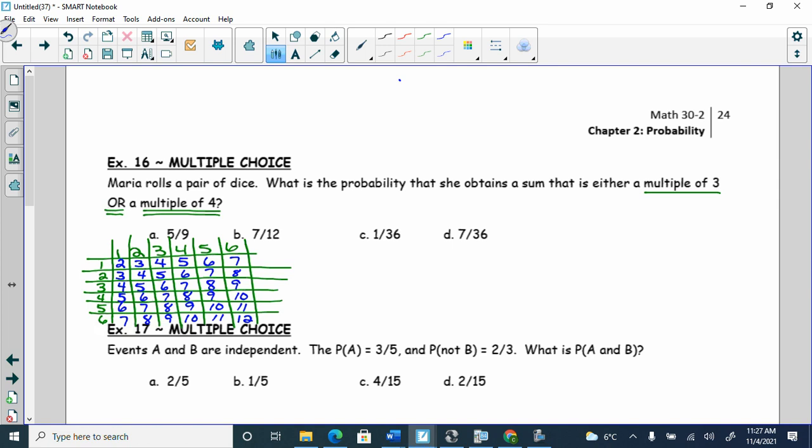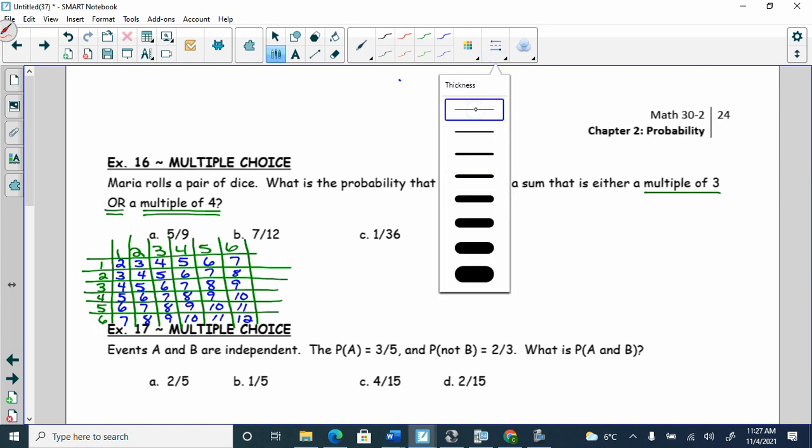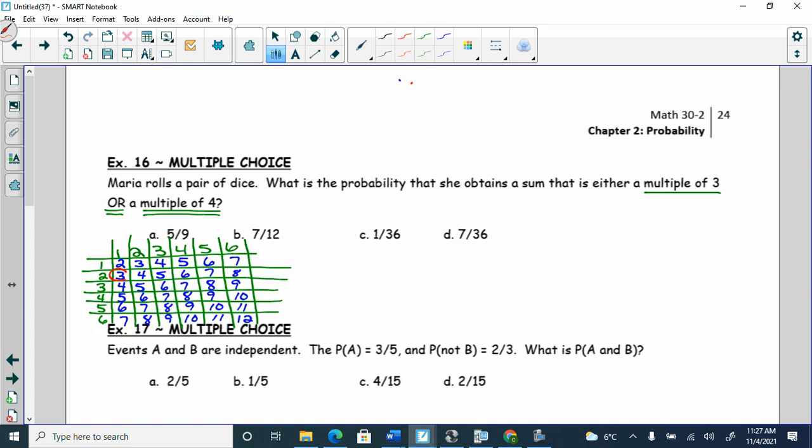What is a multiple of 3? Starts at the number, goes up by the number, right? So the first one would be 3, then 6, then 9, then 12. So I'm going to circle those in red. The sums of multiples of 3: 3, 6, 9, and 12.